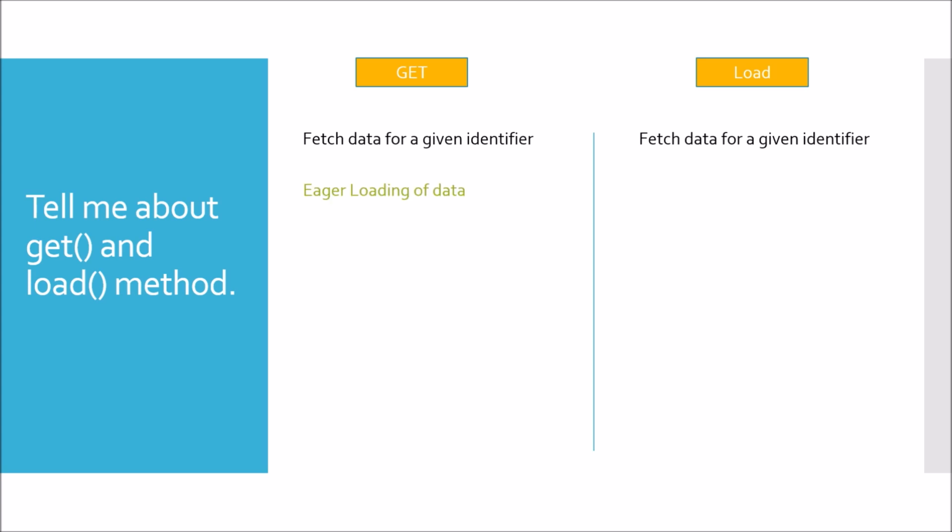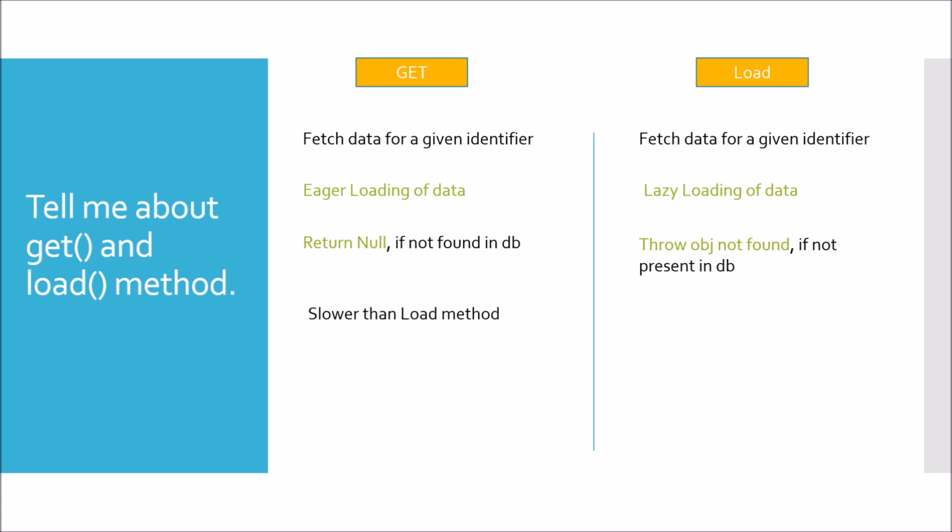Eager loading of data is done in case of get. We will look at what is meant by eager loading. In case of load, it is lazy loading of data. Get returns null if not found in DB. Load throws an object not found exception if not present in DB.